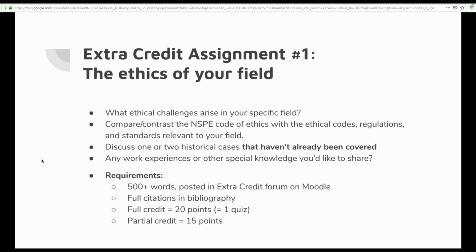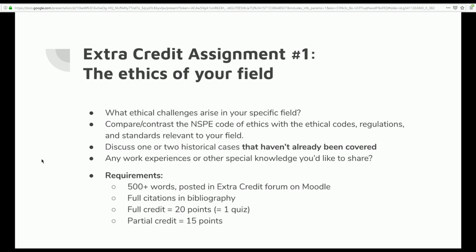So this assignment is really for you to talk about how our general discussion of ethics applies to your specific field. Are there issues in your field that make your field slightly different from the general ethical discussion that we've been having? Are there case studies or historical events that really inform how your field looks at ethics?